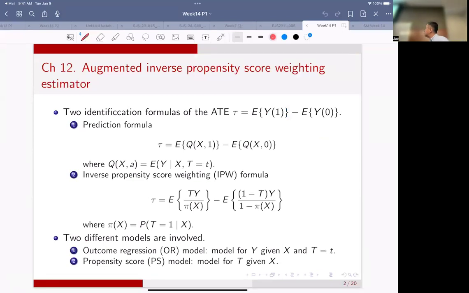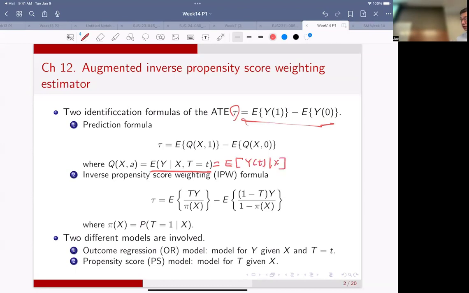Remember that we have two identification formulas for computing the ATE, tau. One is the prediction formula, where we use the conditional expectation. This is actually equal to the expectation of the potential outcome.